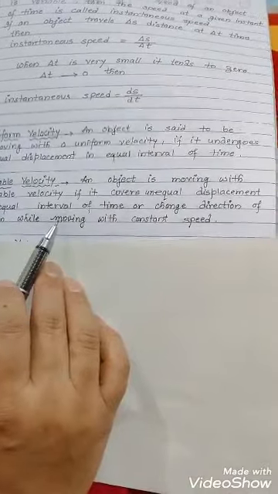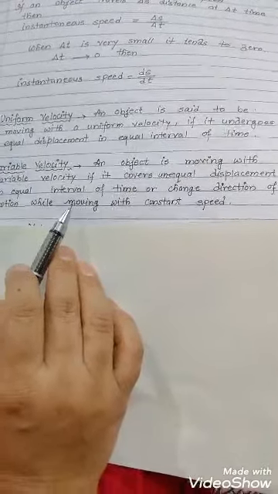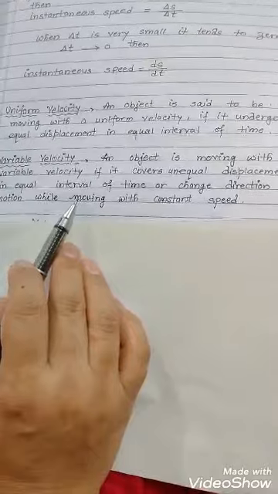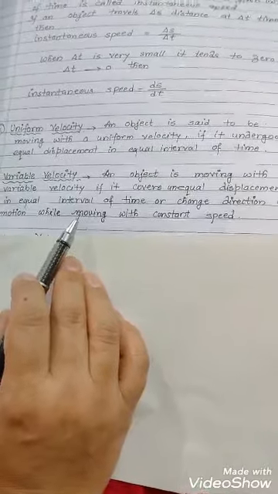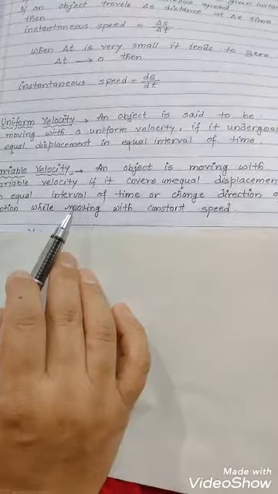While differentiating between speed and velocity, as already stated to you, the speed can be changed only by changing the magnitude, but the velocity can be changed either by changing the magnitude or by changing the direction or by changing both.